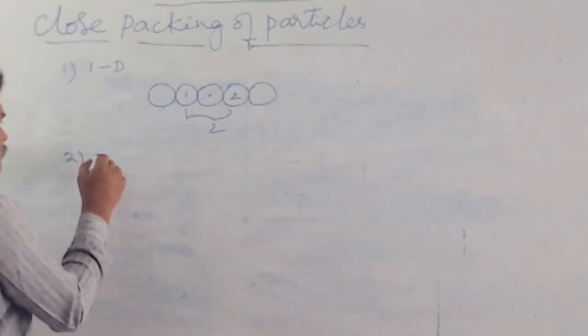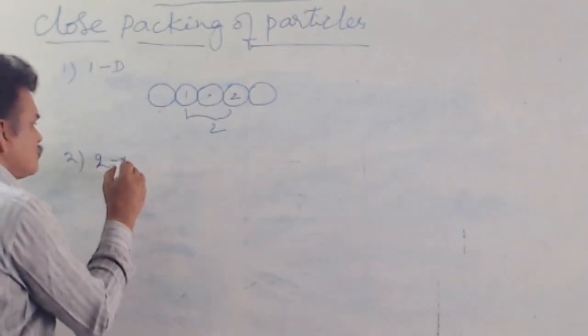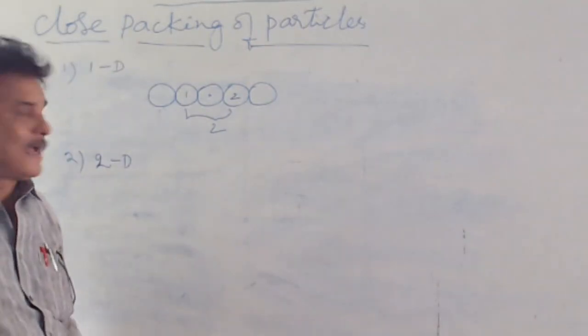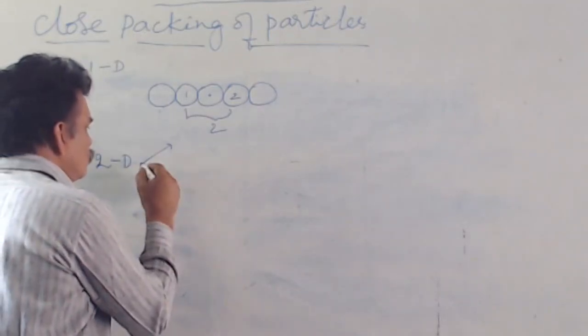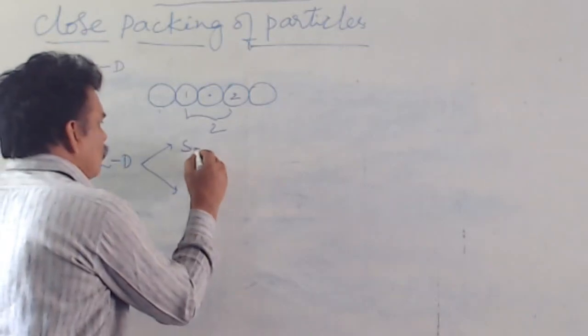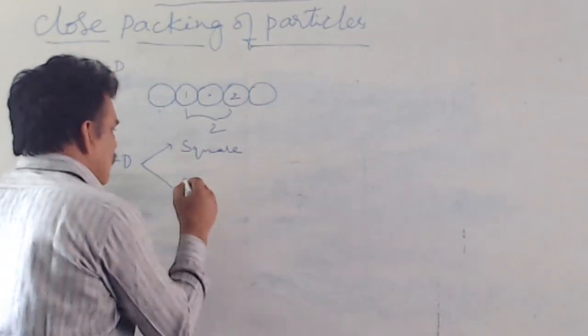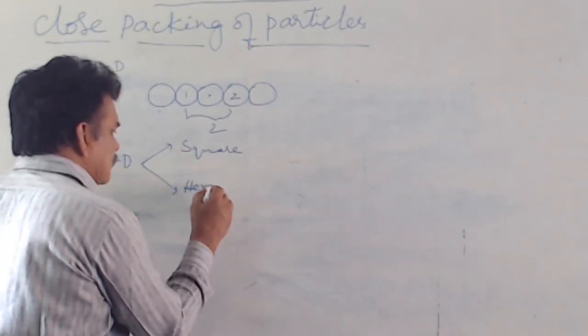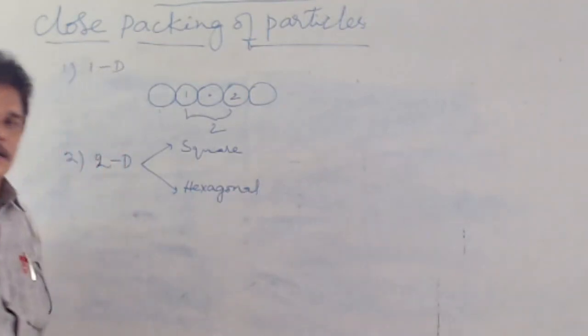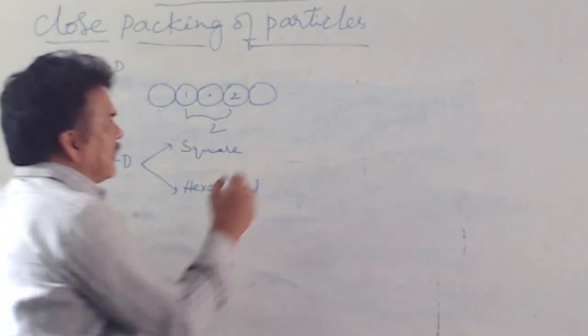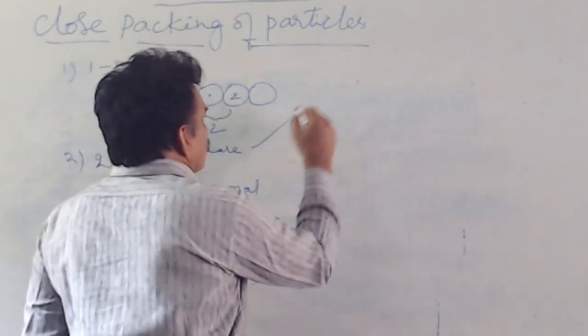Next, 2-dimensional close packing. This is again divided into 2 types: square close packing and hexagonal close packing. What is meant by square close packing?